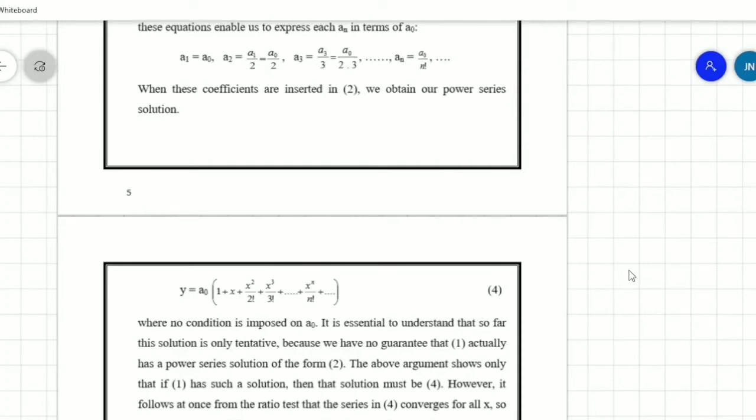So the given equation y' = y has the solution y = a0 (1 + x + x^2/2! + etc.). You can easily see that this is the series solution of e^x. So one of its solutions is y = a0 e^x.